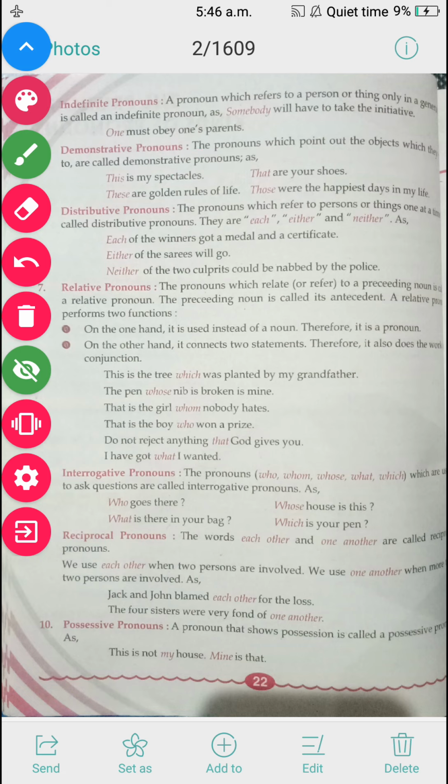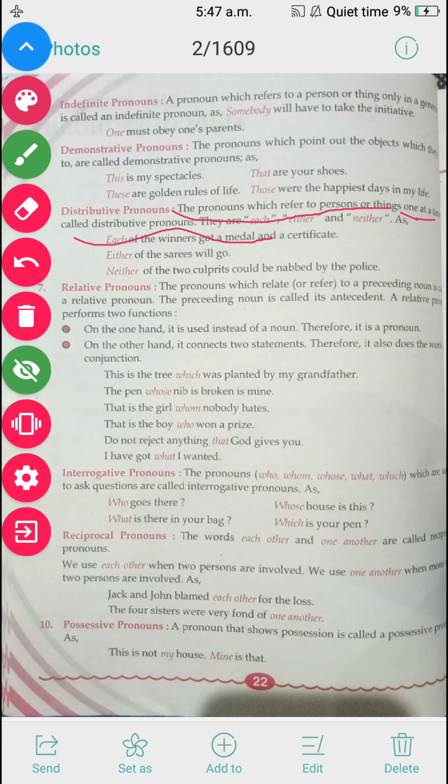The next is distributive. What does it mean? Distributive means which makes some distribution, like each, either, neither. So these are distributive pronouns. The pronouns which refer to persons or things one at a time are called distributive pronouns.